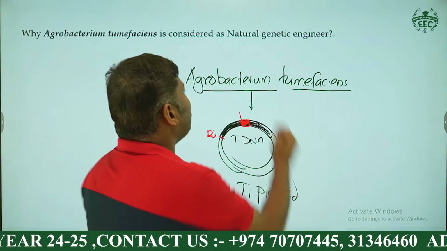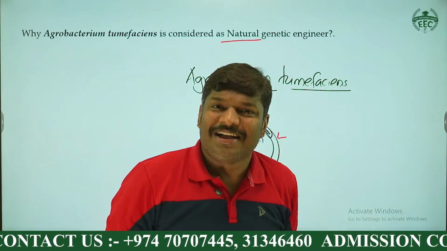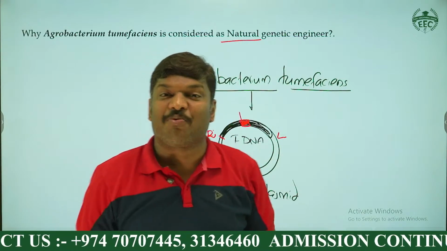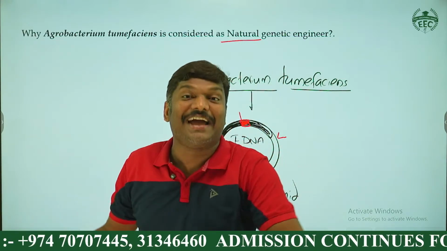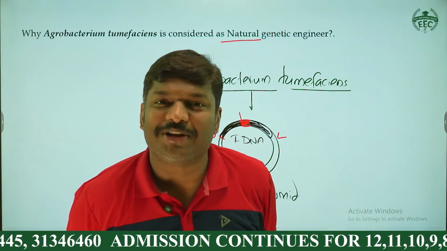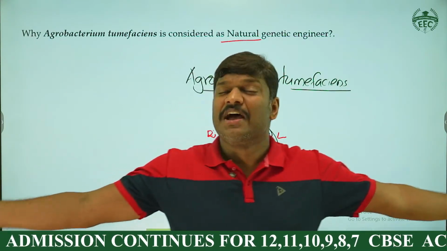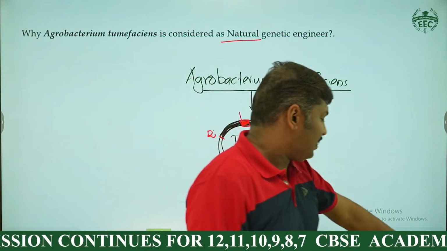We can use the word natural. Why are they called genetic engineers? It can carry a gene, right? It can transfer a gene, right? That is what we call biotechnology, the genetic engineering. So that is the reason Agrobacterium is called the natural genetic engineer.